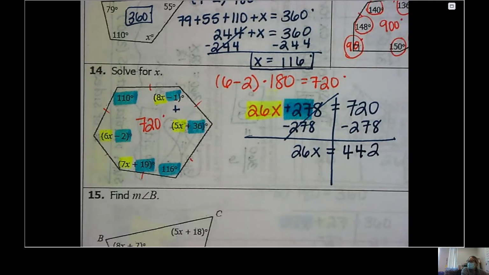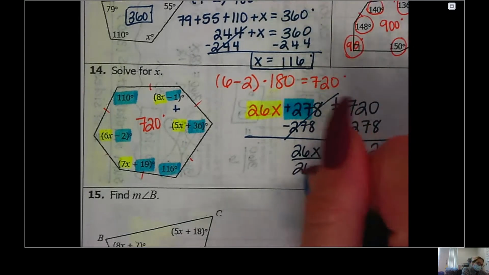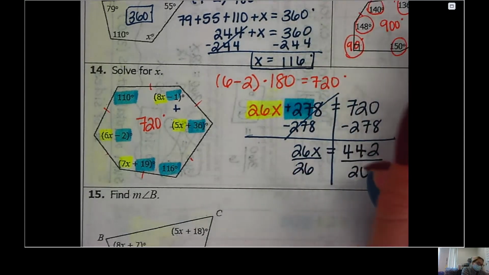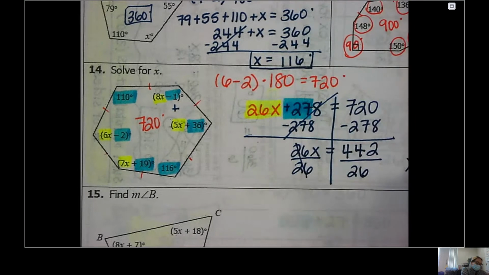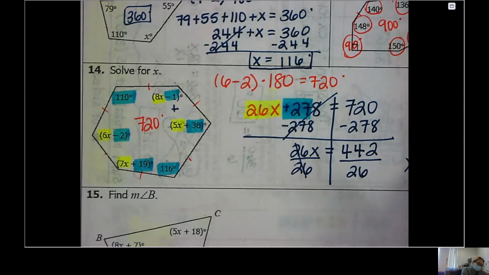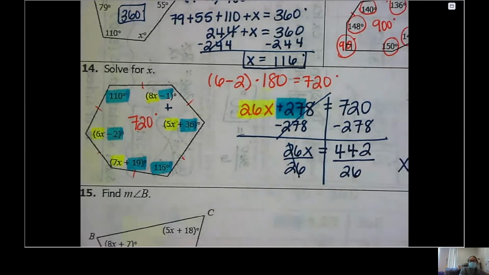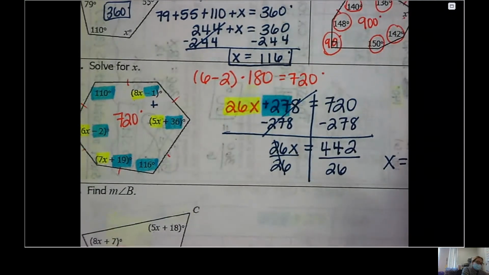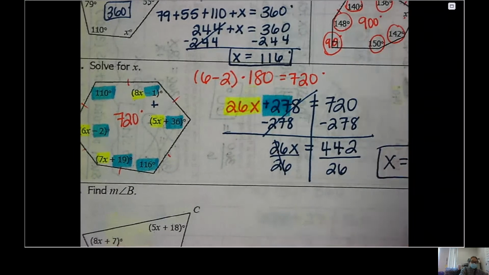And then what? Divide by 26. I get x equals 17. 17 what? Degrees, because we're talking about an angle.